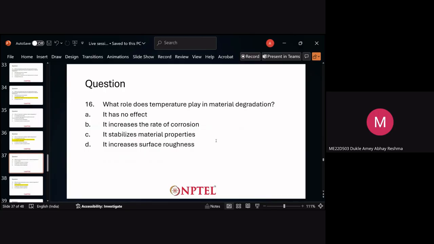At higher temperature, the activation energy for any chemical reaction gets lowered. So because of the increase in temperature, there will be an increase in the rate of corrosion of the material.